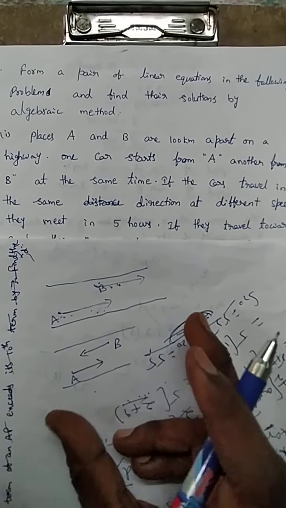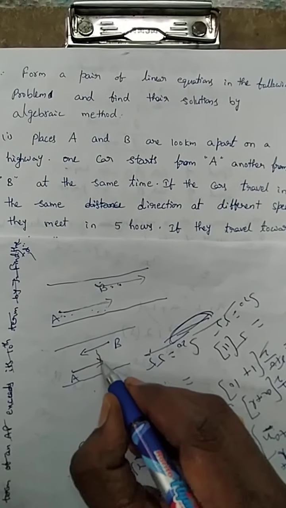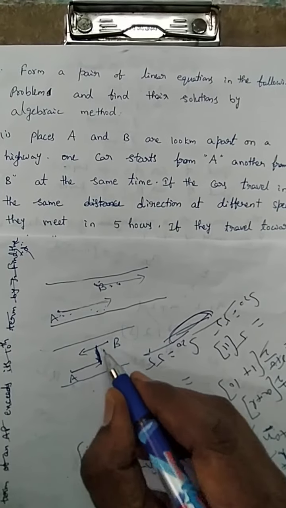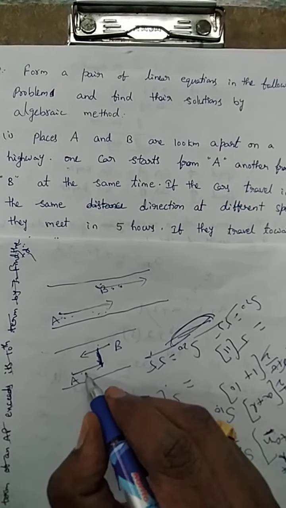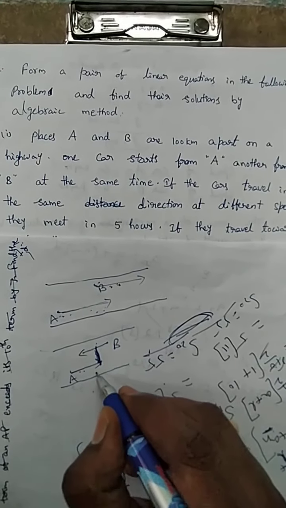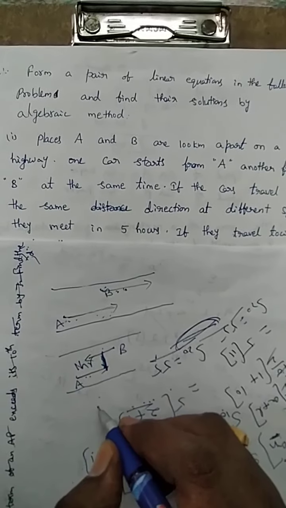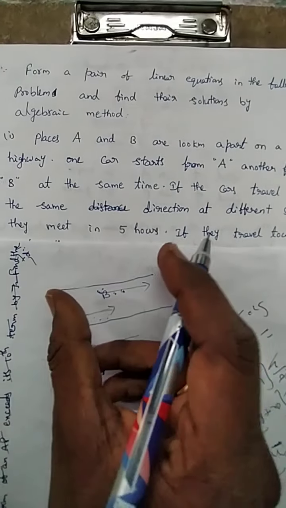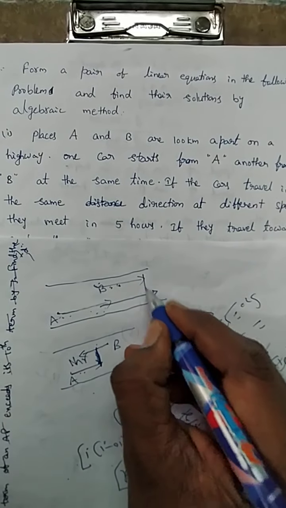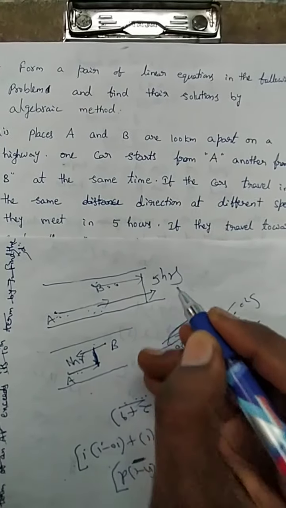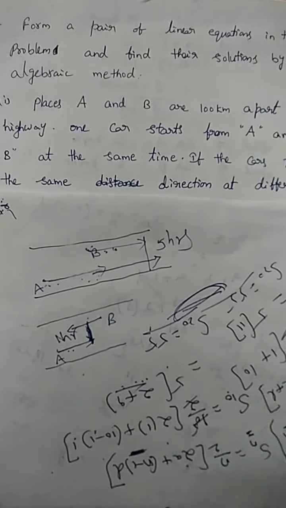Then automatically they meet at some point. After how much time they meet is mentioned in the condition. If the cars travel towards each other, they meet after 1 hour. If they are in the same direction, they meet after 5 hours. Then find the speeds of the two cars.